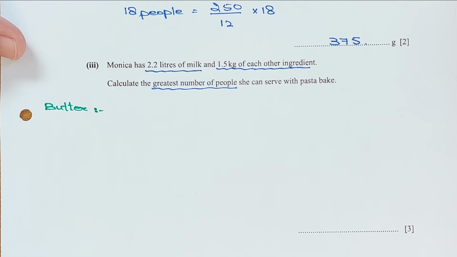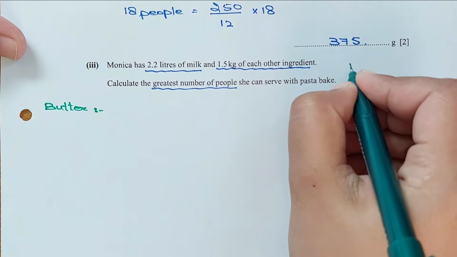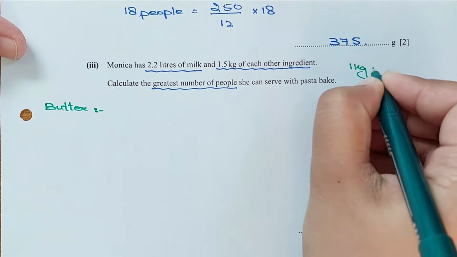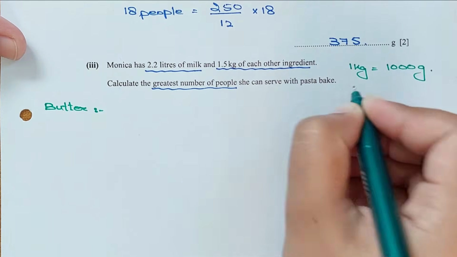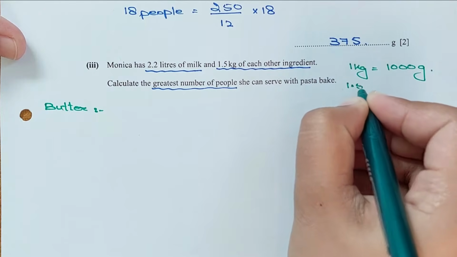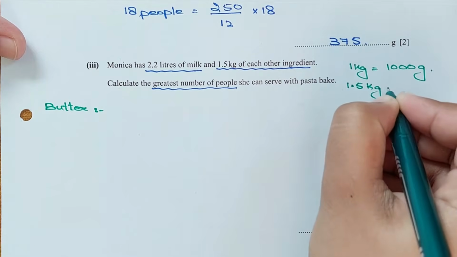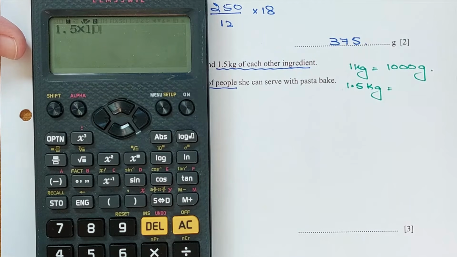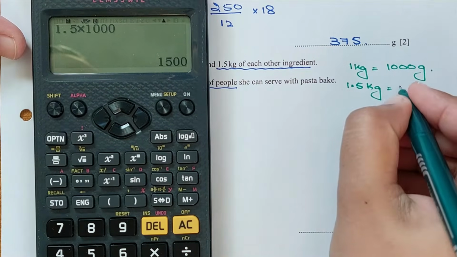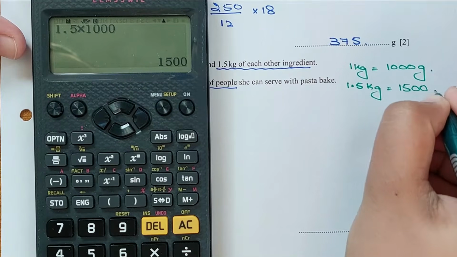The quantities are given in kilograms, so first I convert kilograms into grams. 1 kilogram has 1000 grams, and 1.5 kilograms is 1.5 times 1000, which is 1500 grams.